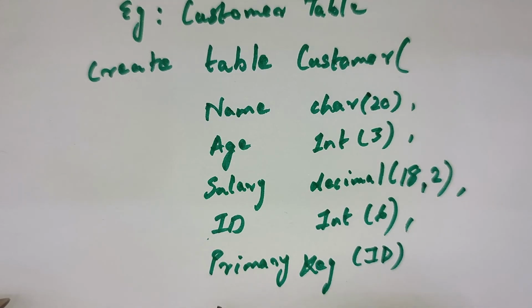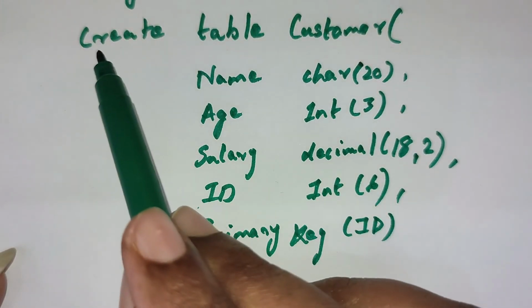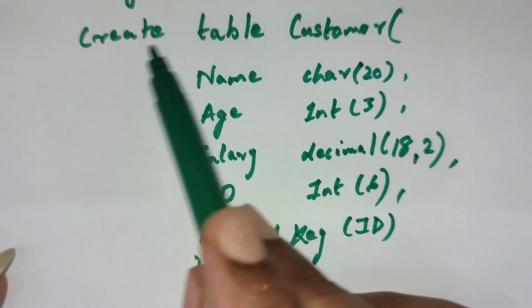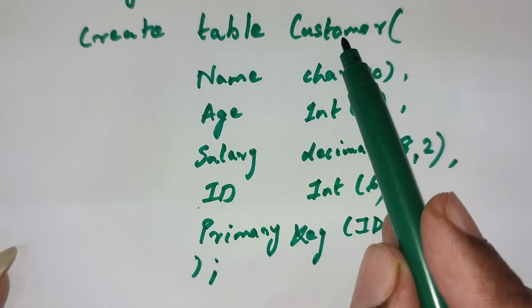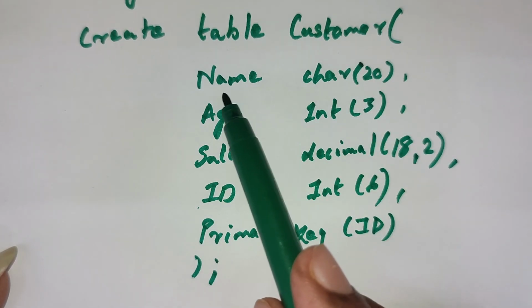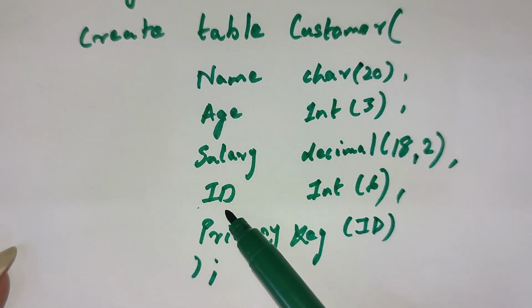Do you see this? Now we have created the syntax for how to create a customer table. Create table, the name, it is a customer table so we are giving customer, and we are defining what details we want in the table.